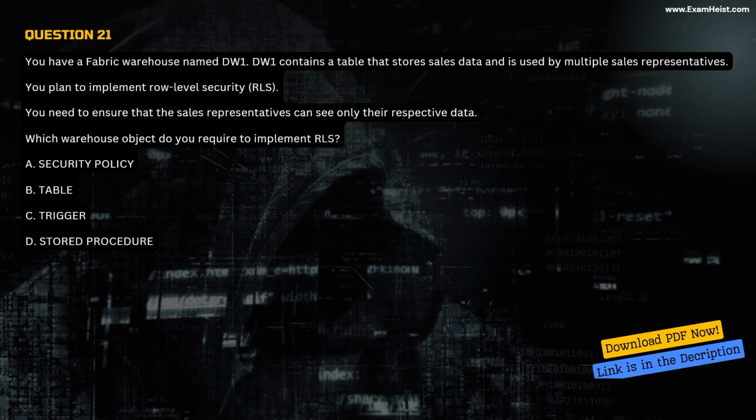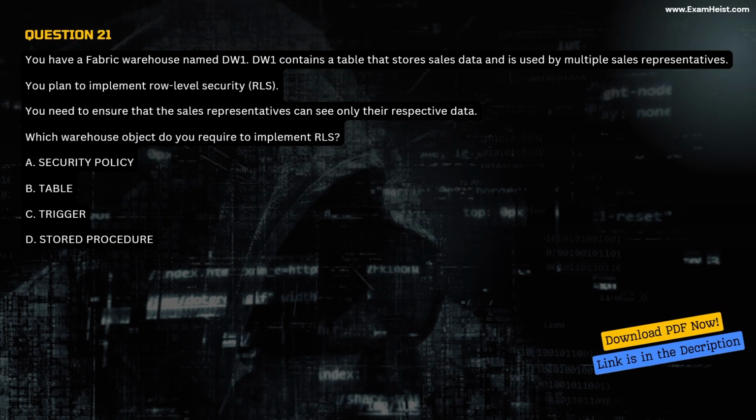Question 21. You have a Fabric warehouse named DW1. DW1 contains a table that stores sales data and is used by multiple sales representatives. You plan to implement row-level security (RLS). You need to ensure that the sales representatives can see only their respective data. Which warehouse object do you require to implement RLS?